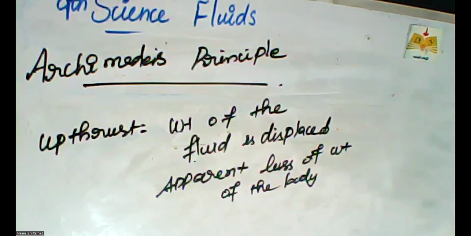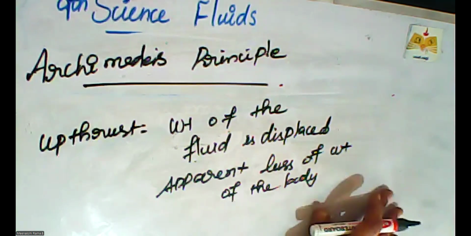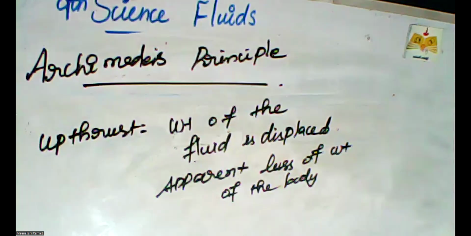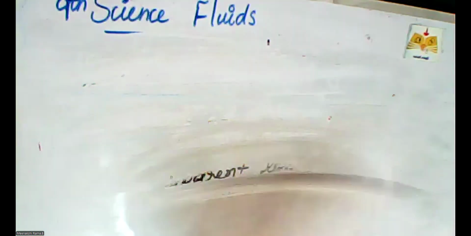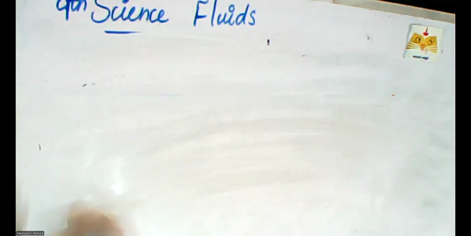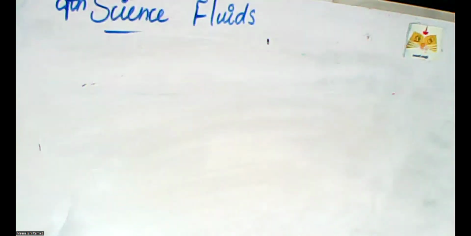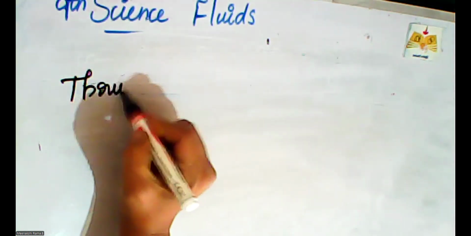Okay students, please ask what doubts you have, which concept is not clear. Please inform me or type your doubts. Don't scribble. First raise your hand and then type the doubts. What topics did we learn in this session in the lesson on fluids? The first concept is thrust and pressure.